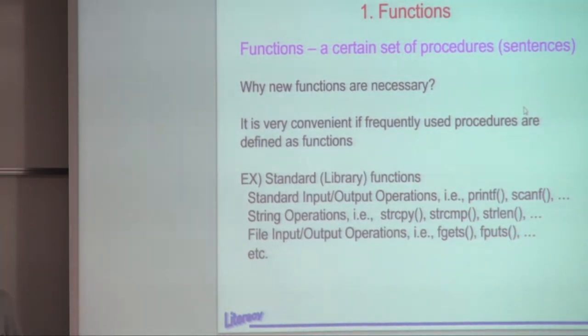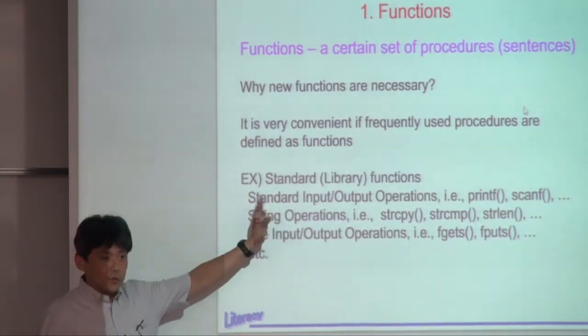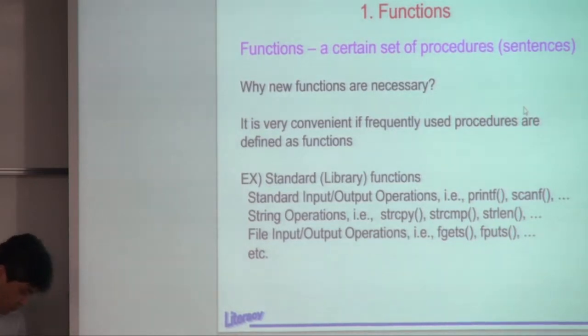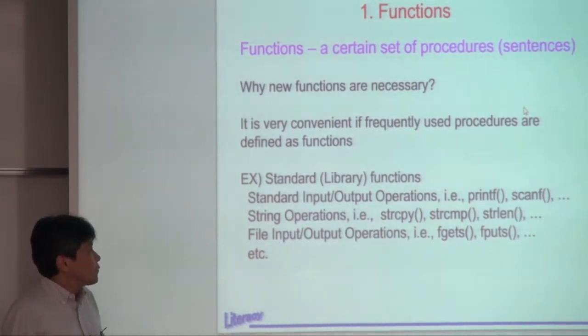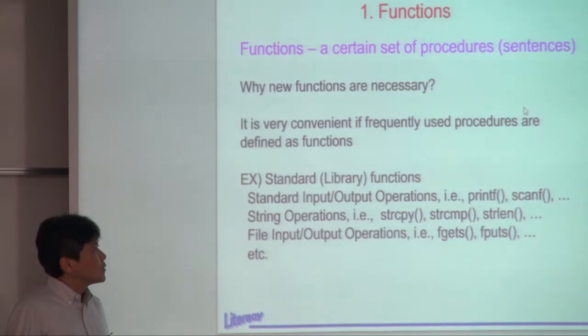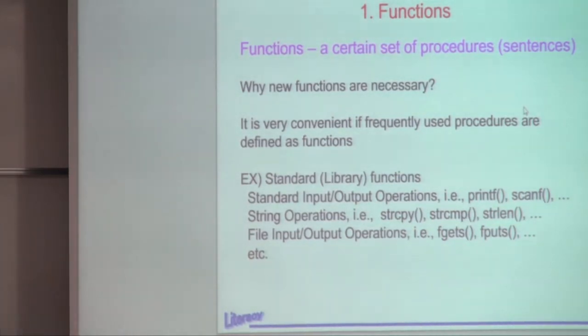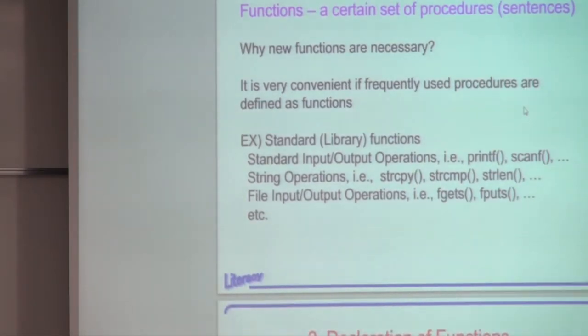The compiler system of the programming language C already provides standard library functions, for example input-output functions such as keyboard input or display functions, file input-output, and string operations, as shown here. Those are all functions.